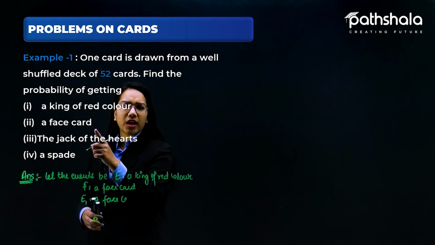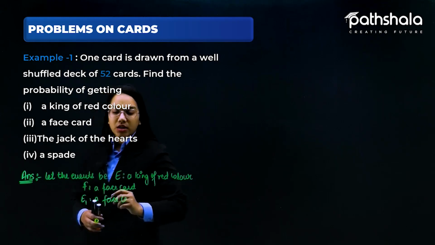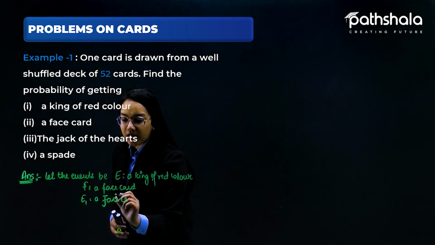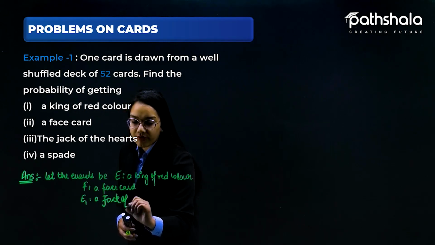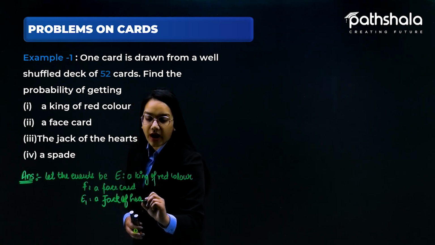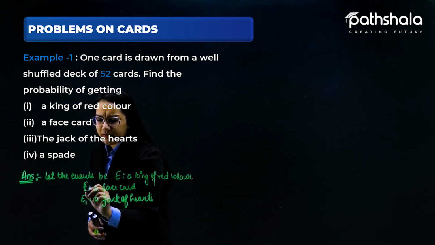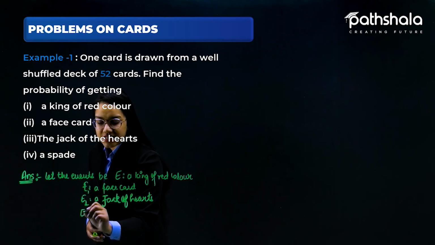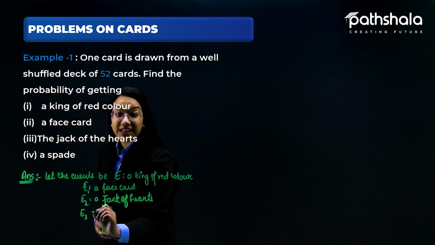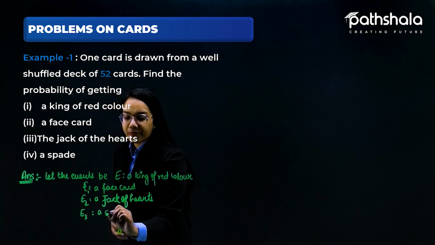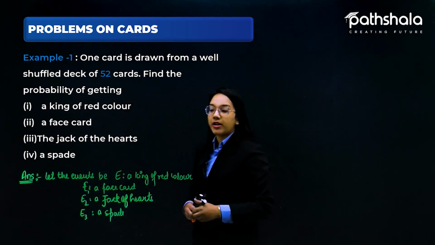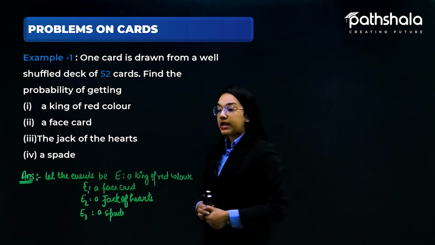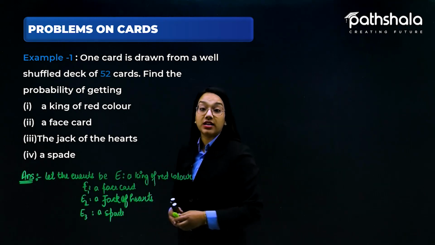Let us take the next one as the jack of hearts, E2. And let E3 be a spade. So I have taken E as the king of red color, E1 as a face card, E2 as a jack of hearts, and E3 as a spade.